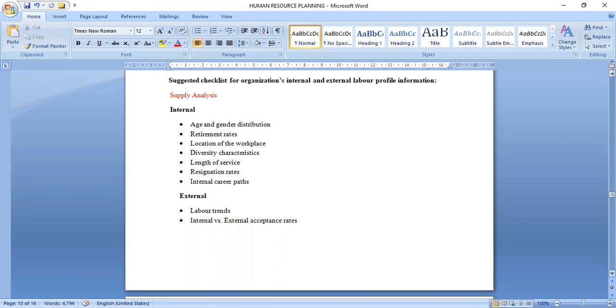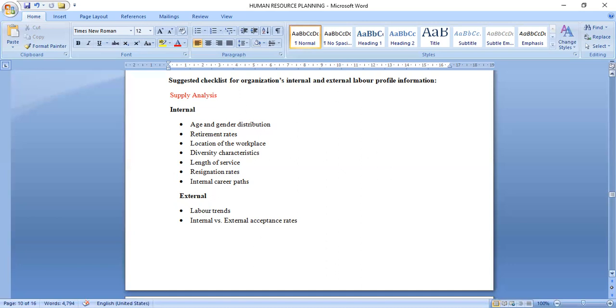On many occasions, when organizations are making job adverts, they put an age limit. For example, they can say the person should be aged between maybe 25 and maybe 35. They put a range of age, such that they get the kind of age group that they want. Those are the internal factors that the organization should look at.